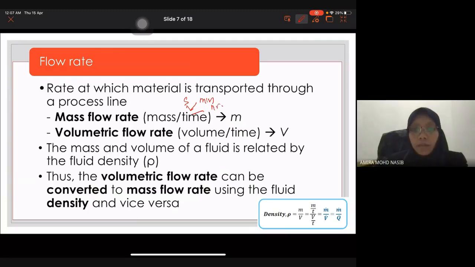Mass flow rate is either kg, gram, pound mass. The symbol is m italic, or we can just put the dot on top of the m. And the second one, we can also have a volumetric flow rate, as in name it is volume over time. The symbol is italic v, or you can also write it as v dot on top.